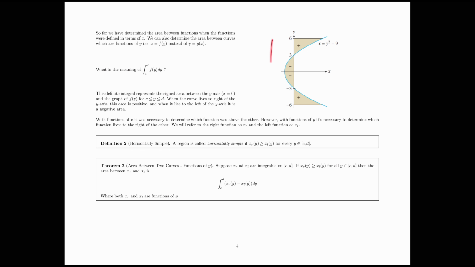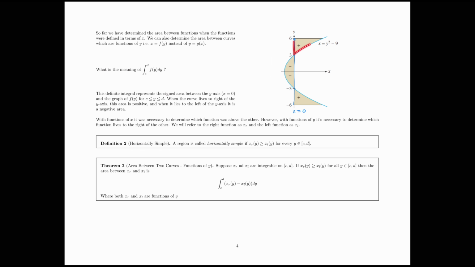So for instance, if we look at this graph, and we consider the other function to be x equals 0, the y-axis itself, then the full region here, this shaded piece and this shaded piece all together, is not horizontally simple.